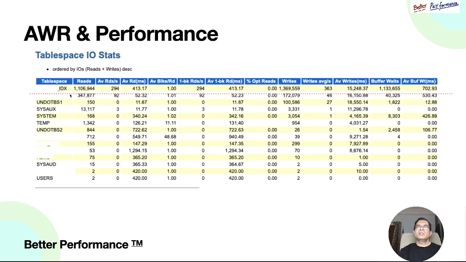I can see here that the first one is the index and the second one is the data. So both are taking reads and writes. If you look at the read and write, write is higher than read. That means whenever it is going to write, this is taking time. So the combination is giving the high CPU time, which has to be reduced.